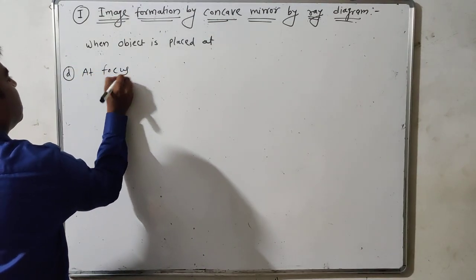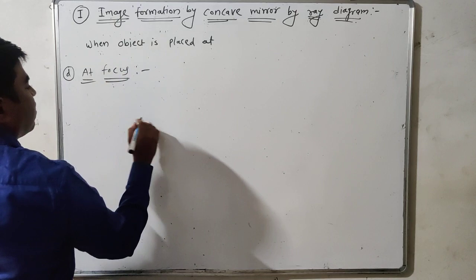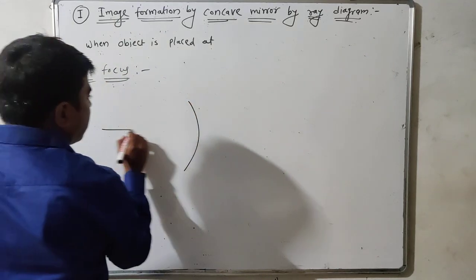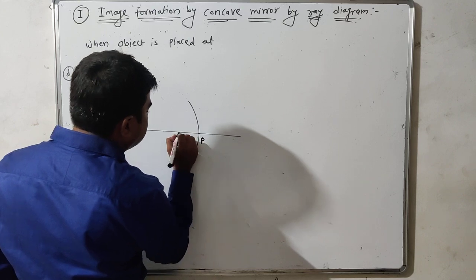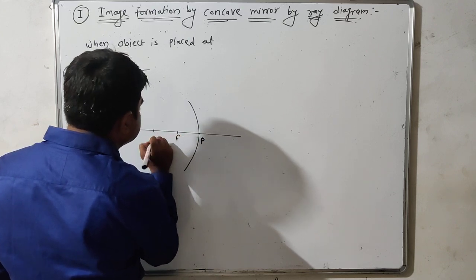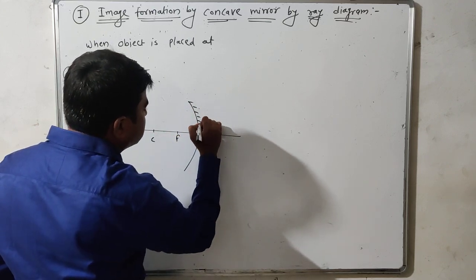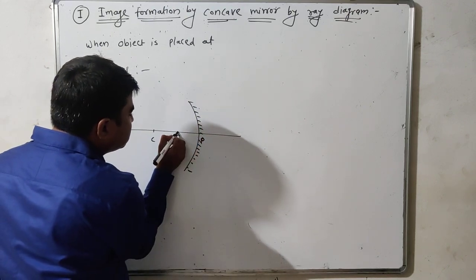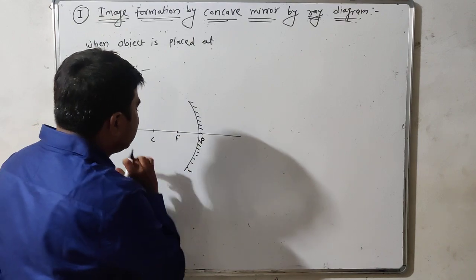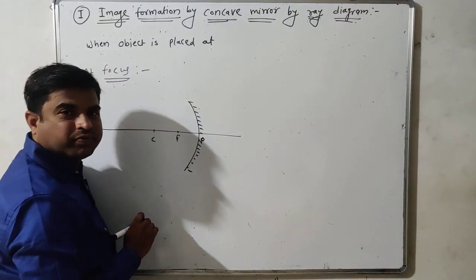At focus. Pole, focus, center of curvature, outer side silver polish. Now student, if we place object exactly at focus, what happens?